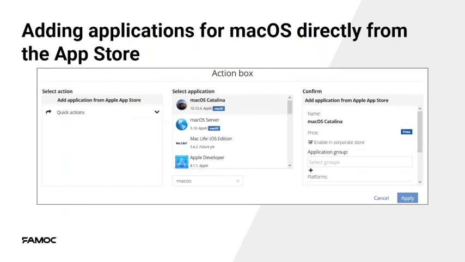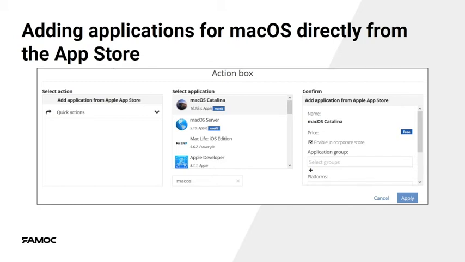So now I will talk a little bit about some new functions for macOS. One important function: you can now add applications to the corporate store in Famoc. You can add macOS applications.